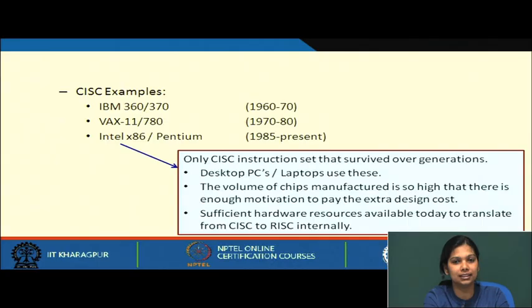So, you can see that there is enough motivation to pay this extra cost of the design, although you are paying something extra for the CISC architecture. And there are sufficient hardware resources available to translate from CISC to RISC internally. So, internally it is getting converted into RISC, but the instruction set architecture is CISC for Intel.